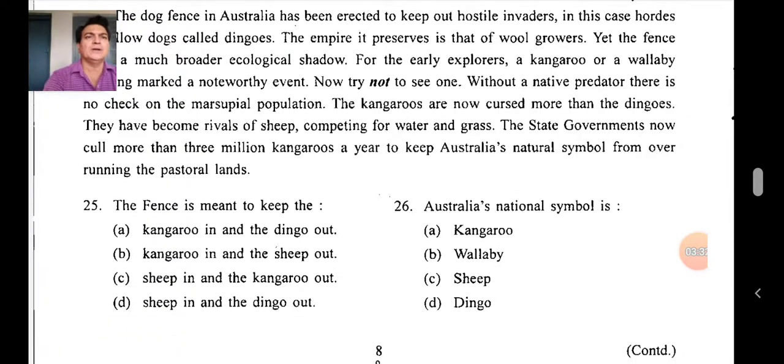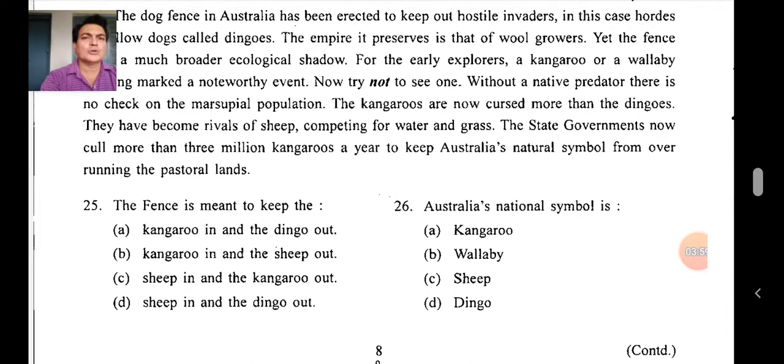So who are the invaders? Dingoes. And why is the fence erected? It is erected to keep out the dingoes. So the answer will be the sheep in and the dingo out.